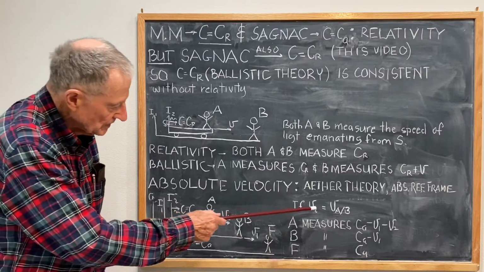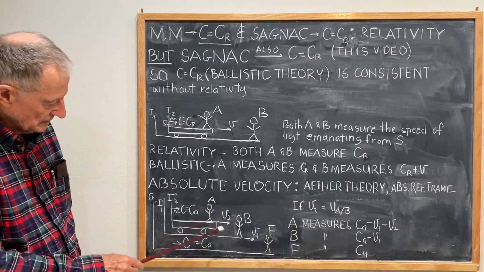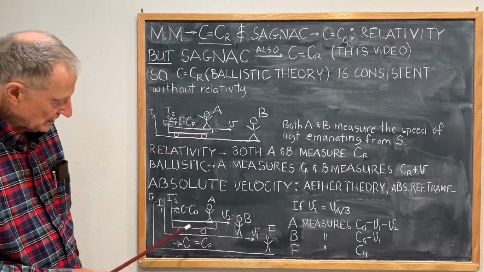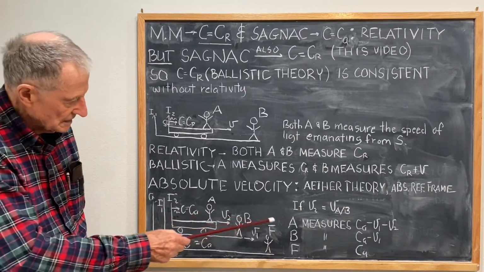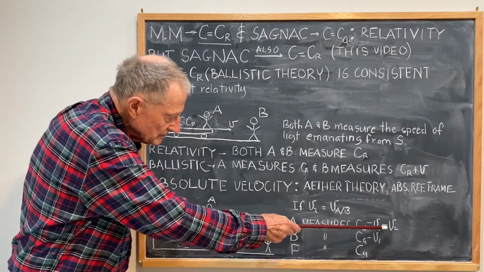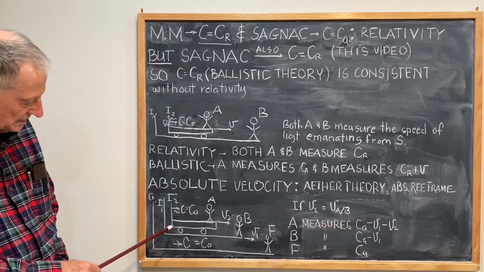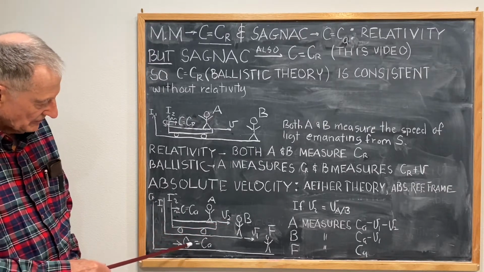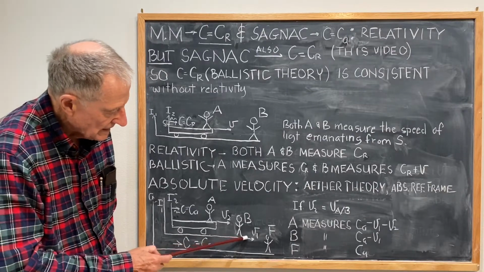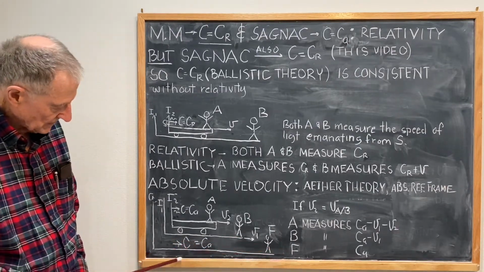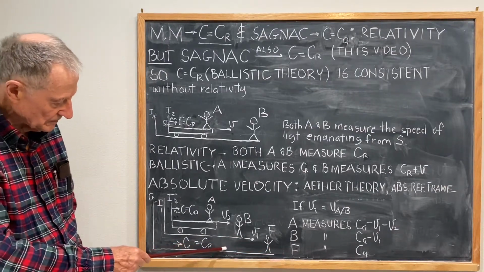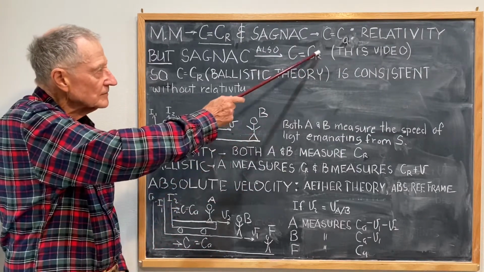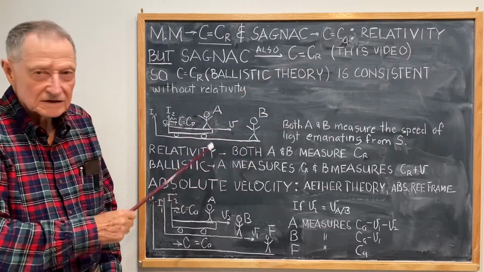If V2 is the velocity of A with respect to B, or the velocity of I2 with respect to I1, then A measures c_A minus V1 minus V2, B measures c_A minus V1, and F measures c_A. F is in the absolute reference frame, so he measures the absolute velocity. Now we'll go on to prove that c is equal to c_r.